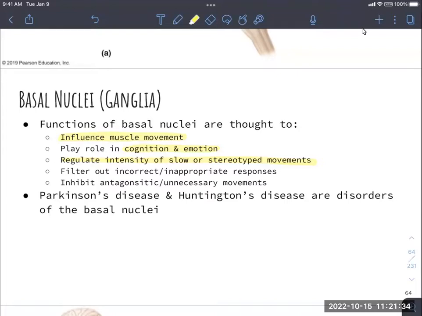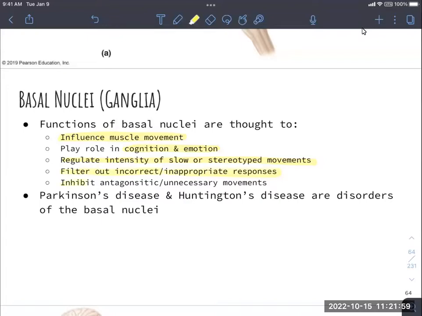So that basal nuclei is going to get rid of those incorrect movements or maybe an inappropriate response. Now, some people say that they talk without speaking or thinking sometimes. Their basal nuclei is helping to filter out those inappropriate responses that some people say.